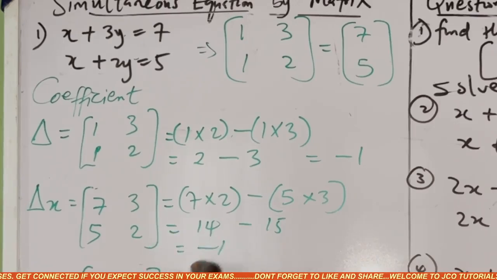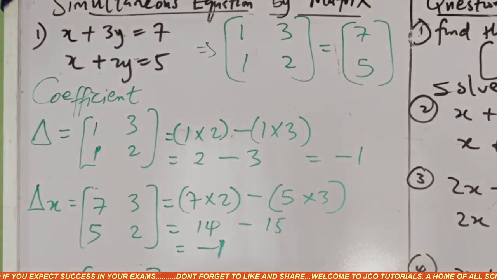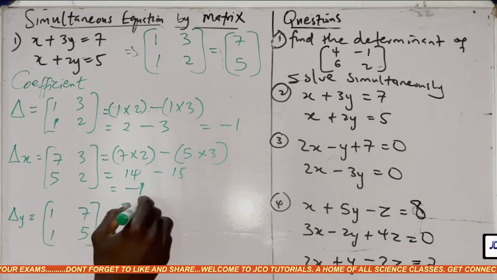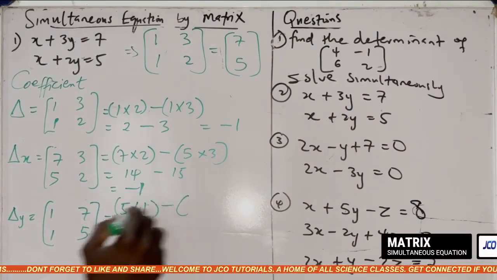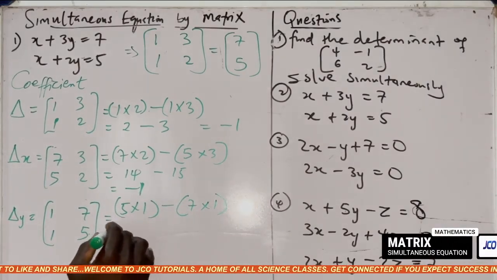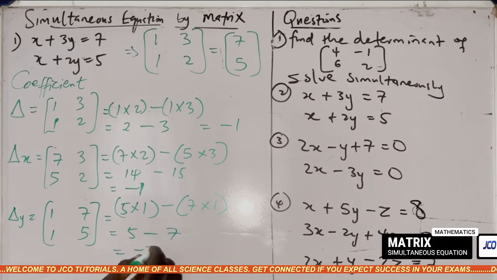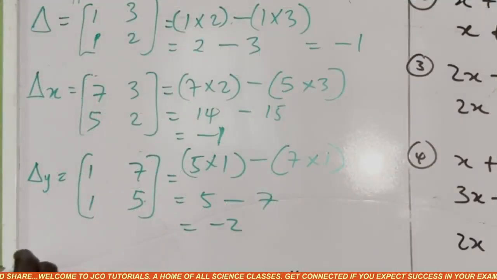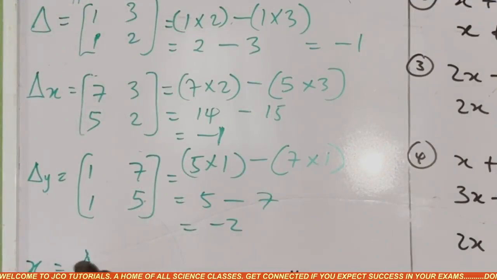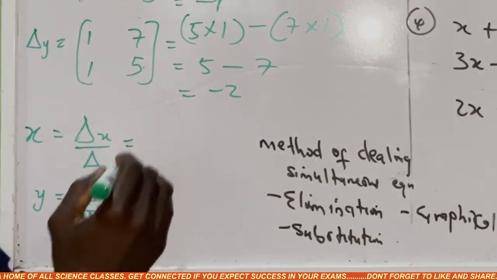That gives you minus 1. Okay. The last 5 times 1 minus 7 times 1. 5 times 1 gives you 5. 7 times 1 gives you 7. So that gives you minus 2. So what's going to be my answer for x? My answer for x is determinant of x over determinant. My answer for y is determinant of y over determinant.